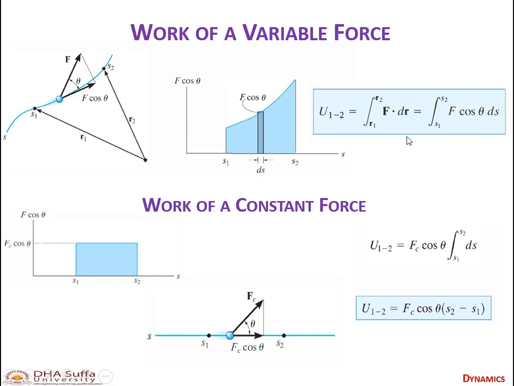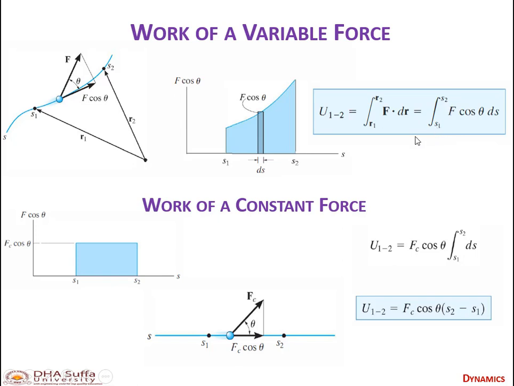What is happening here is that we have s1 and s2 as the lower and upper limits. We have F cos theta, which is a function of s, and we have ds, a small differential distance covered along the path.